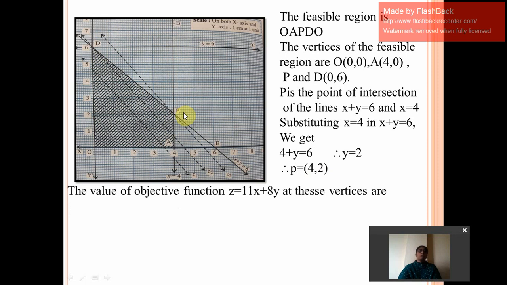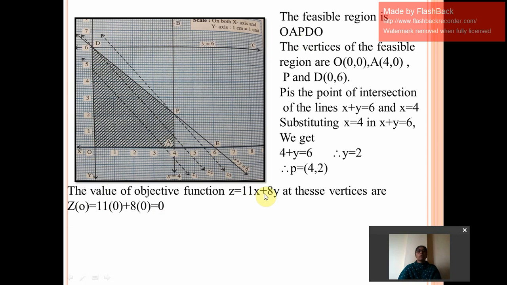To find the value of the objective function, the given equation is z is equal to 11x plus 8y. At these vertices, corner points O, A, P, D: first, z of O, vertices 0, 0.